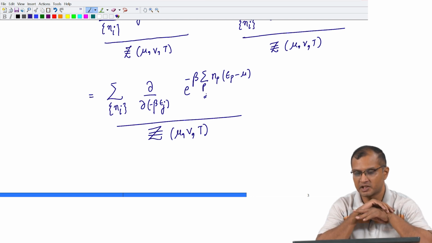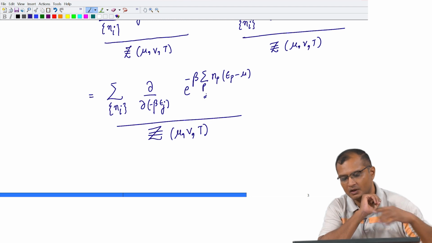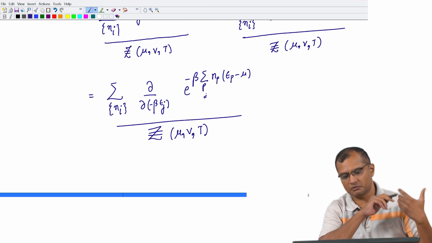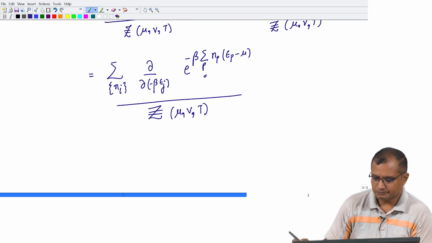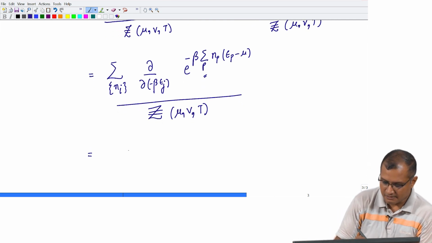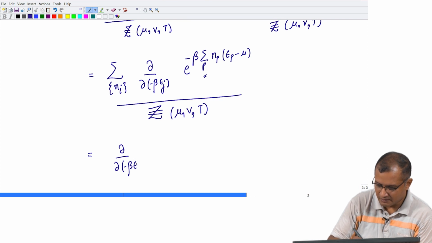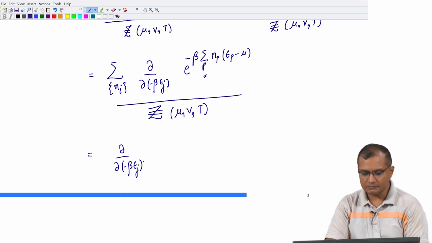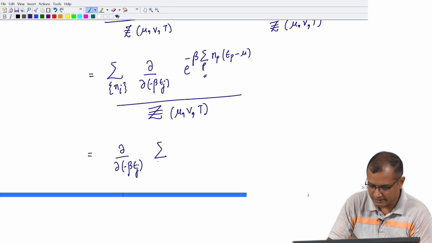All other values will go to 0 when they are taken derivative. So, I can write this as d over, since this summation is running over all microstates, I can simply take the derivative outside because it is for a fixed value of the state.